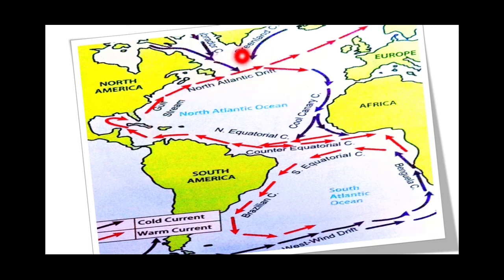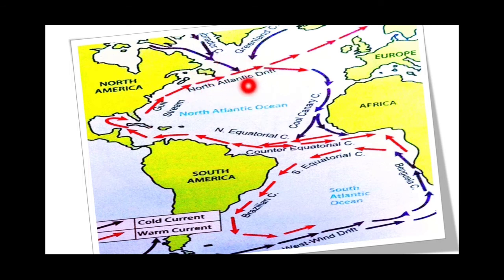So when both the currents merge near Newfoundland, this is Newfoundland, they cause fog and deposition of plankton. So dense fog is caused and also they bring plankton. Plankton is actually food for fish, and several varieties of fishes are found here.